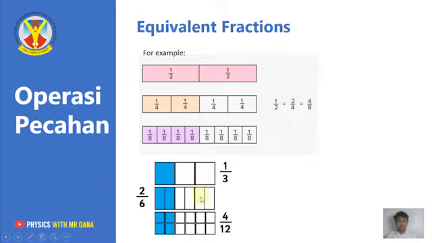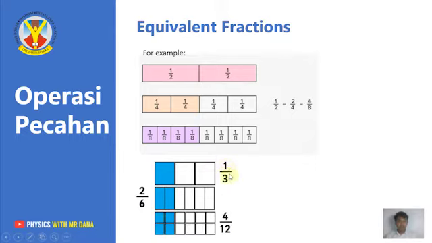Look at these 3 bars, and please focus only on the blue parts. You can see that all the 3 blue parts are the same. The first one is 1/3, the second is 2/6, and the third is 4/12. All these 3 fractions are different.